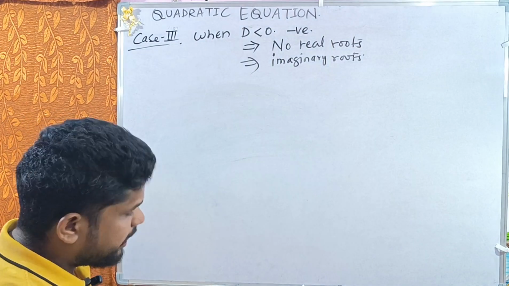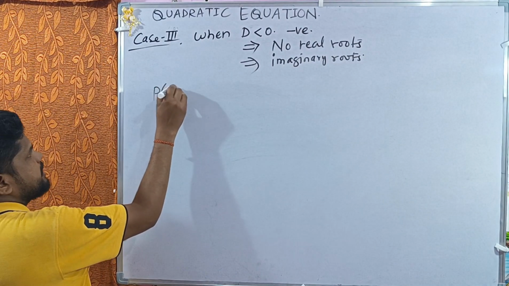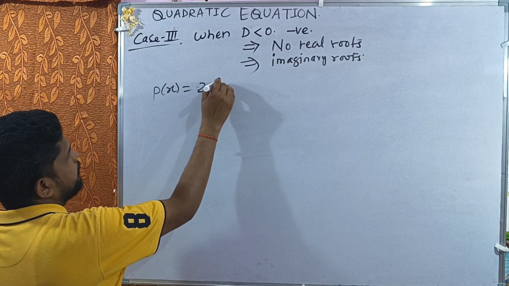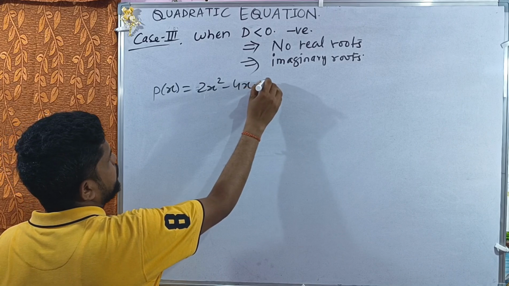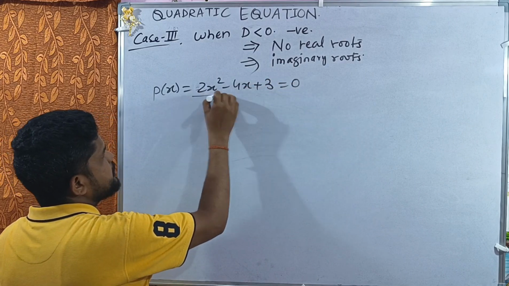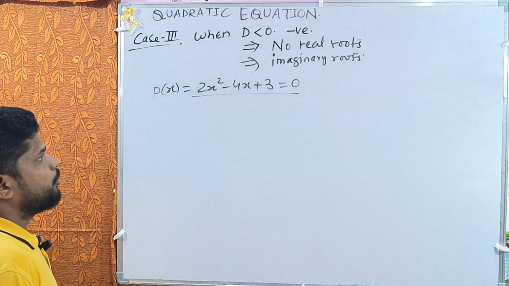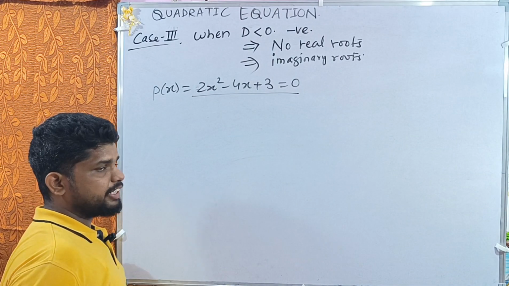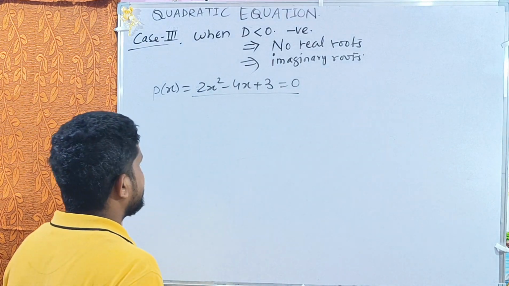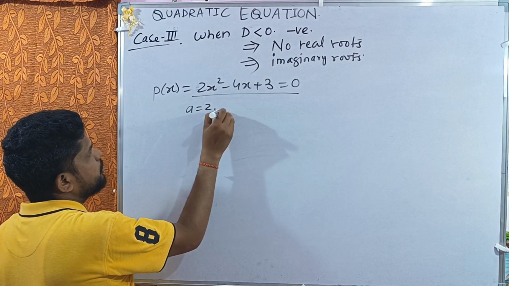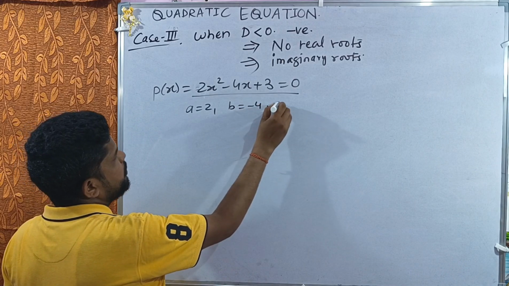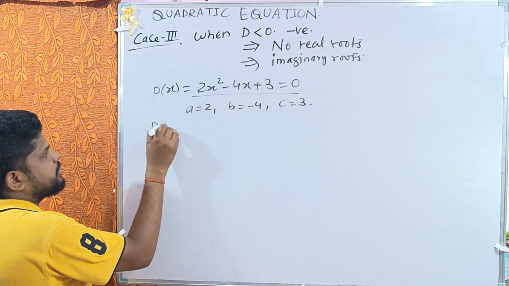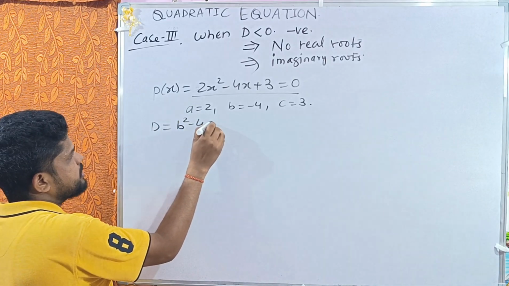Suppose, dear students, I take one polynomial p of x equals 2x square minus 4x plus 3 equals 0. This is my quadratic equation. When we compare it to the standard quadratic equation, we get a equals 2, b equals minus 4, and c equals 3. The discriminant is b square minus 4ac.